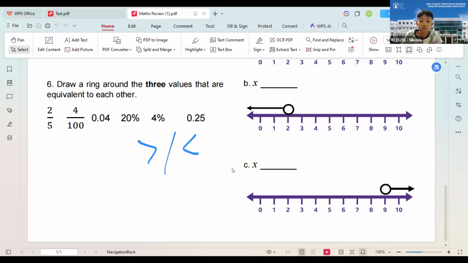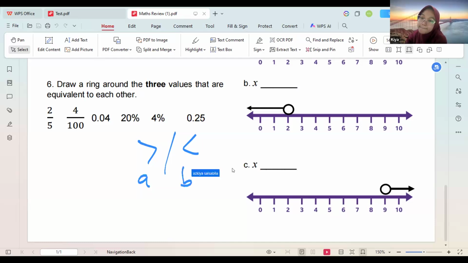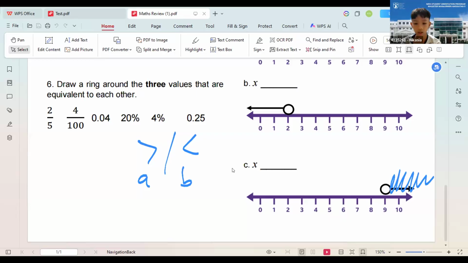So what is the sign you will use, A or B? First thing, you need to know what number the circle stands on. 9. Okay, please write 9 here.